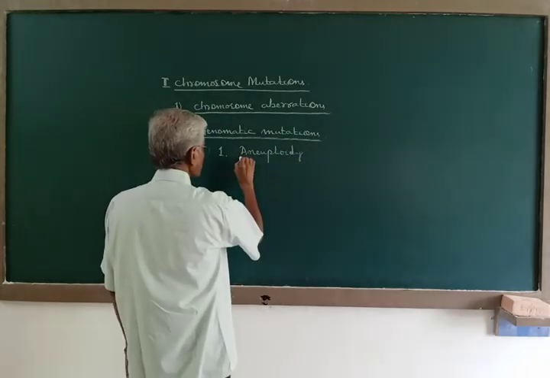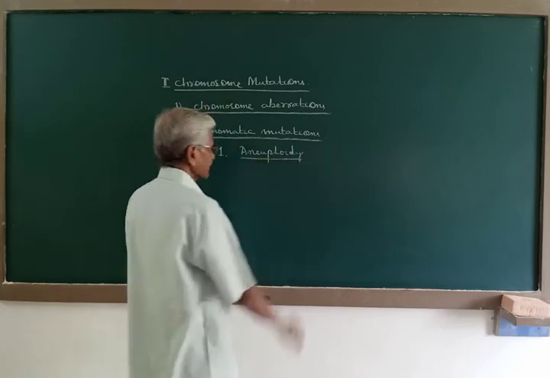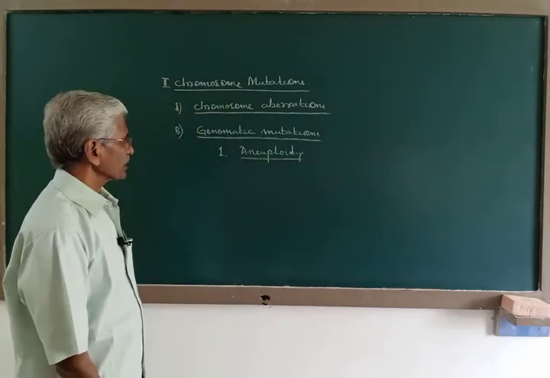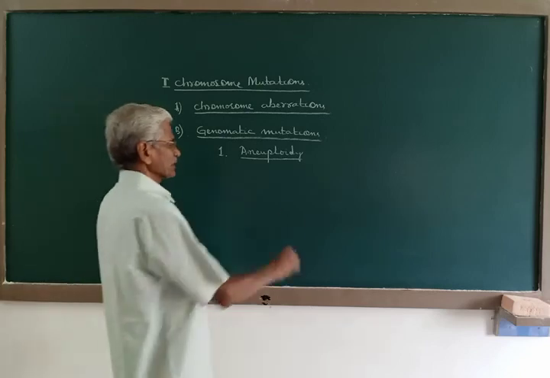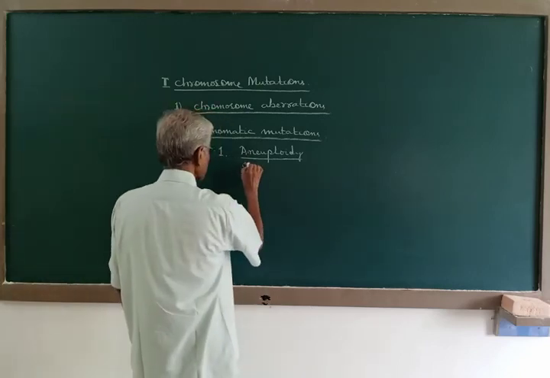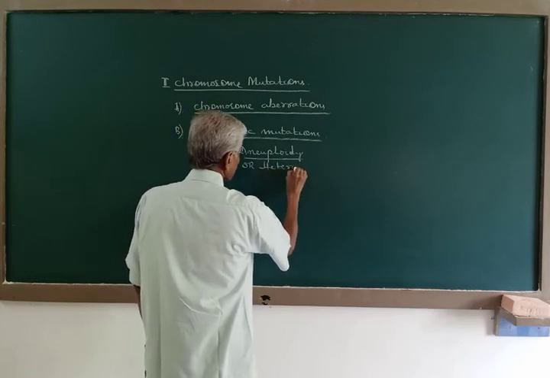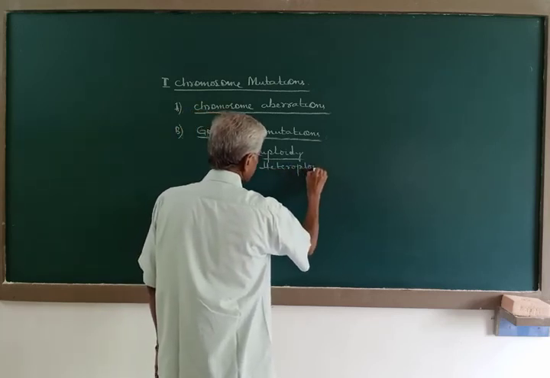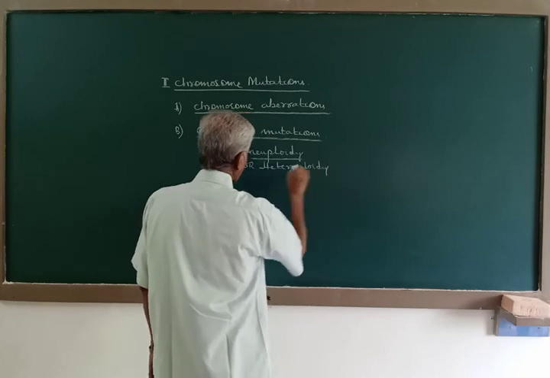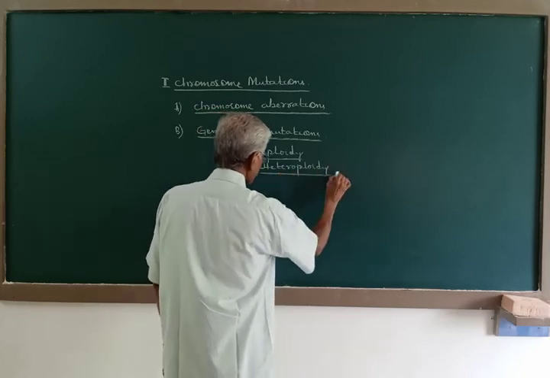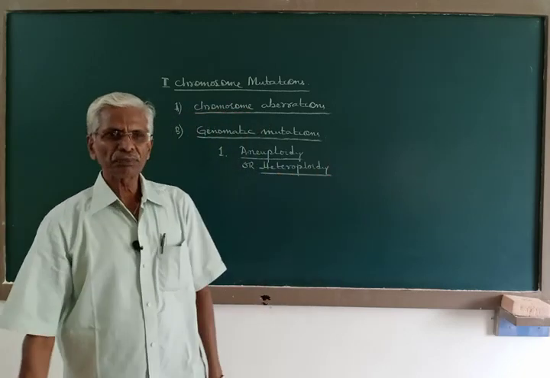One type of genomatic mutation is aneuploidy. Aneuploidy is also called heteroploidy.